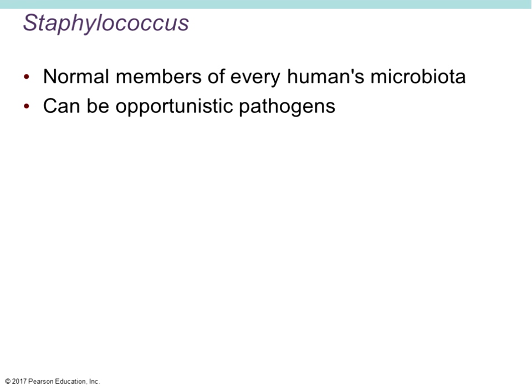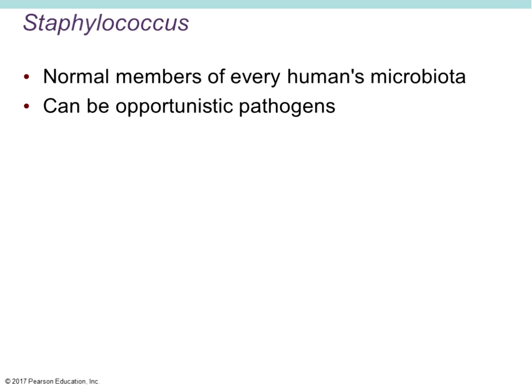So first we're going to talk about Staphylococcus. Staphylococcus is a personal lab favorite because we use it a lot. It is part of your normal flora, so every member of the human race has some Staphylococcus on there. However, Staphylococcus can be what we consider an opportunistic pathogen, which means that if the conditions are just right, they're able to cause disease.